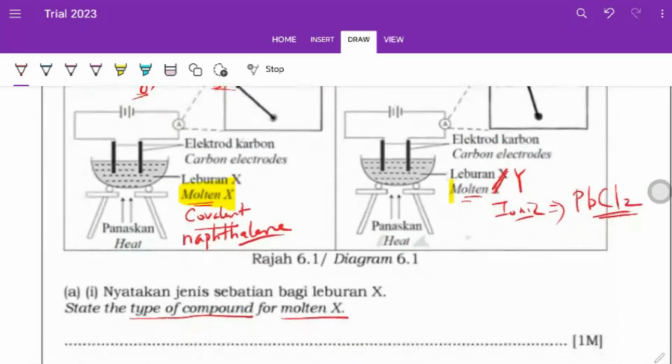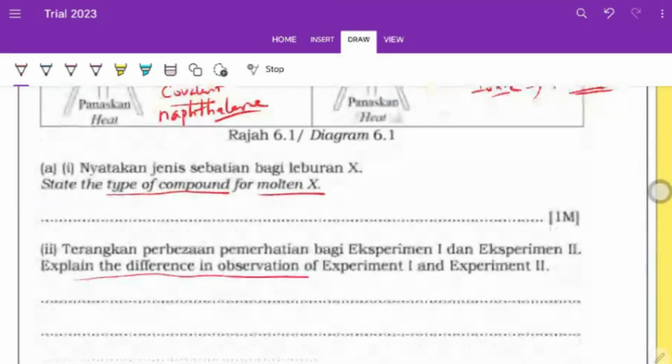It shows no electrical conductivity. Why? You need to explain. What is the reason, class? Because naphthalene only contains molecules. Okay, good.